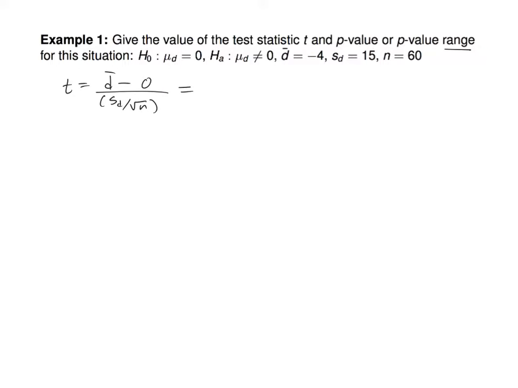So what goes in for d bar? Over 15 over 16. Great. And when you calculate this, you should get negative 2.07. So please just verify that you can actually get that by punching some buttons in your calculator.